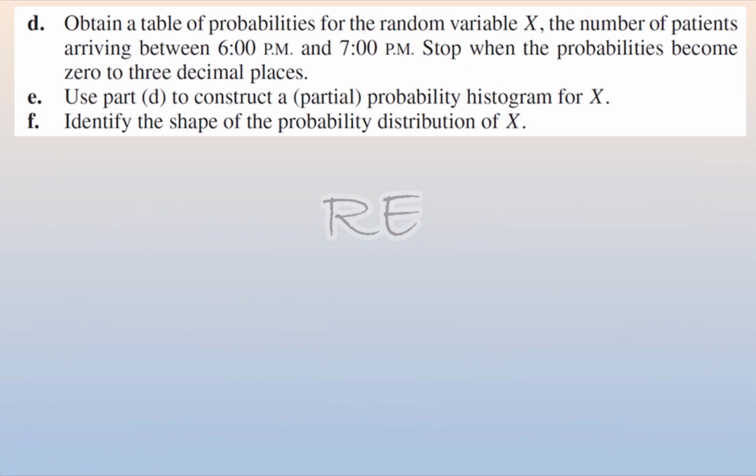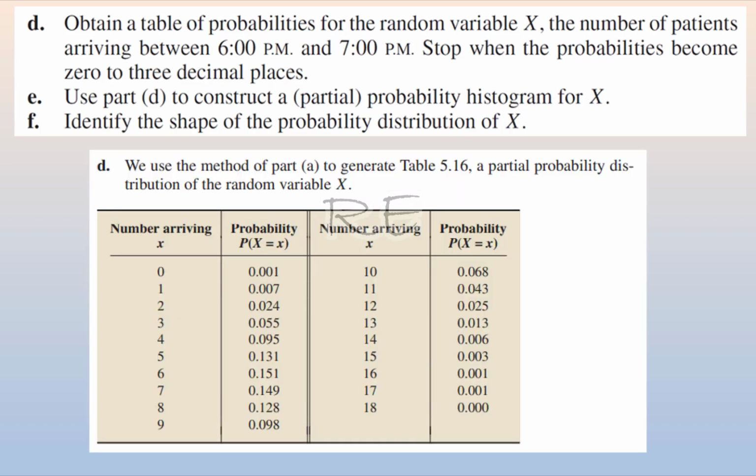For the next 3 questions, they need the table of probabilities for the random variable x. Now, that table has to be continued until the probability becomes 0 to 3 decimal places. Remember that you will have to stop when the probabilities become 0 to 3 decimal places.